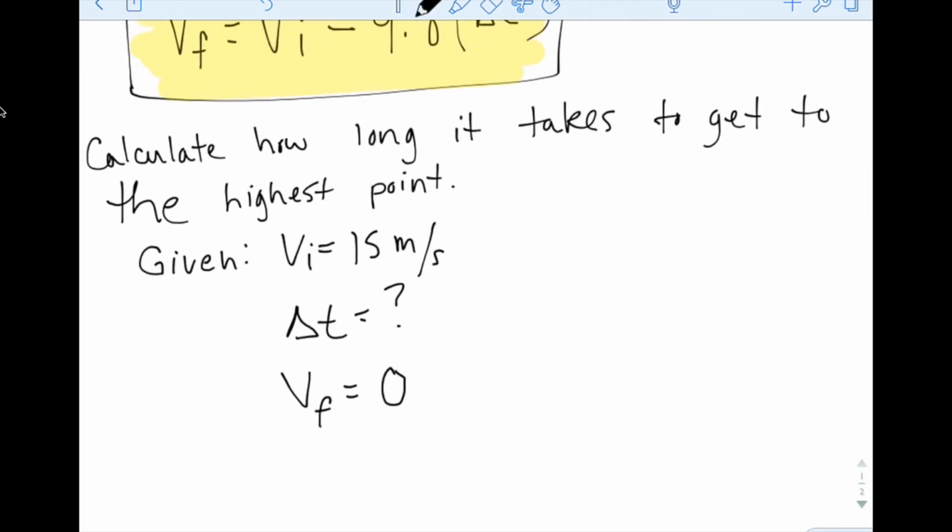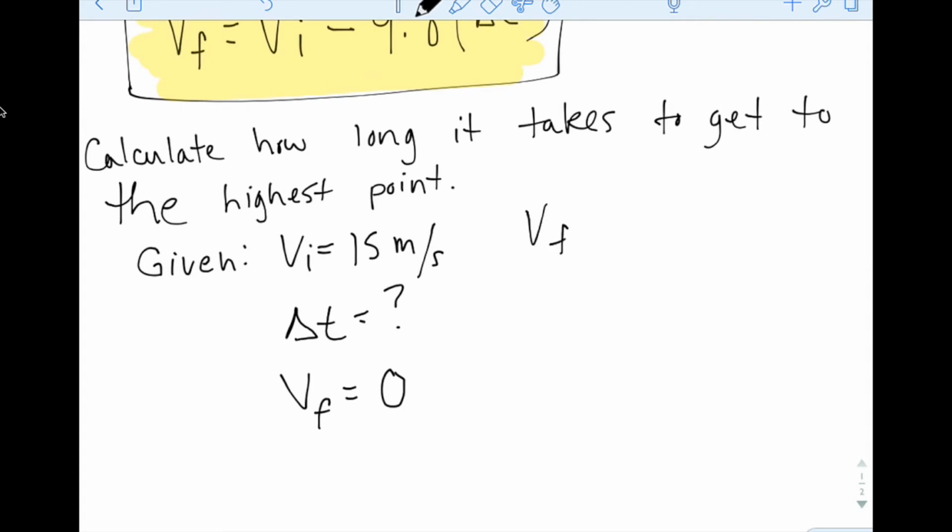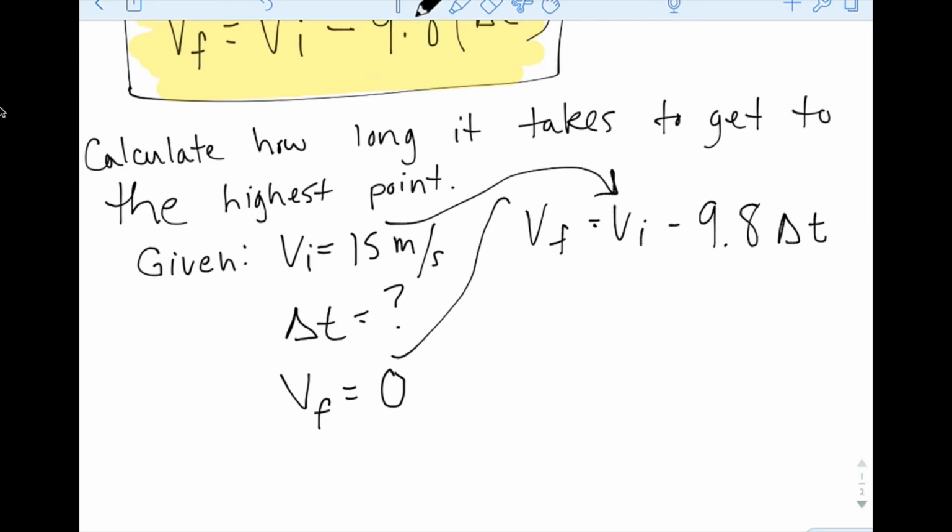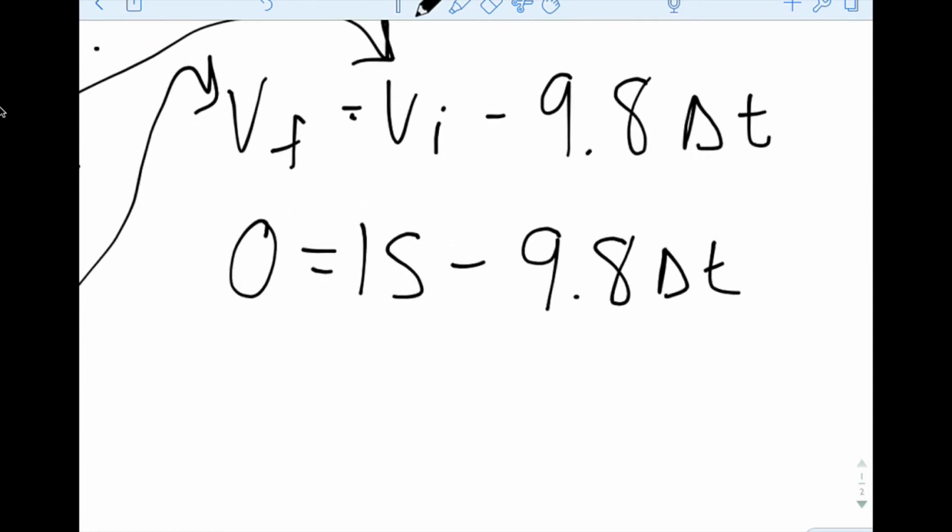So now we can just plug stuff in. I have VF equals VI minus 9.8 delta t. I'm going to plug in my VI and my VF, and so I'm going to have 0 equals 15 minus 9.8 delta t. And now this just becomes an algebra problem. Remember, I'm trying to solve for delta t, and you can treat delta t just like it's an x in your math class.